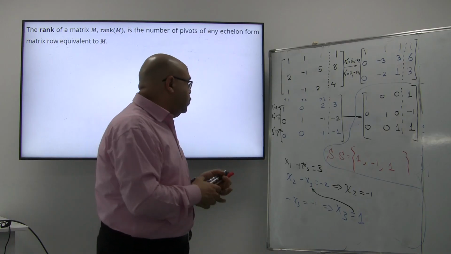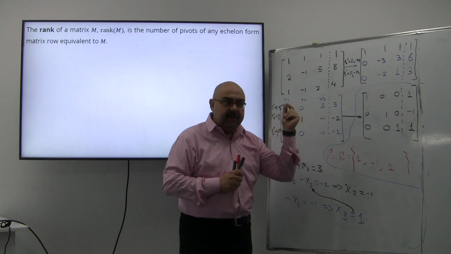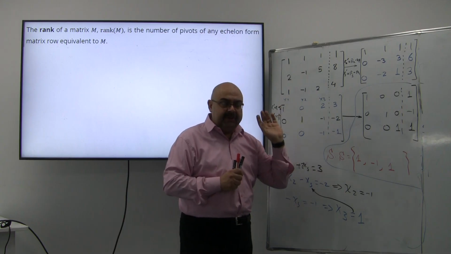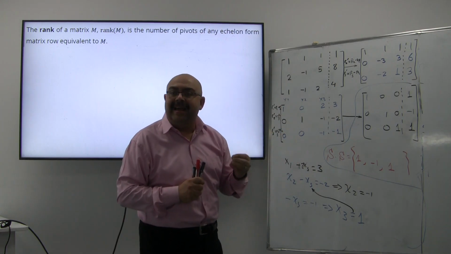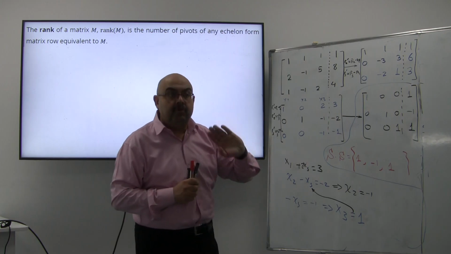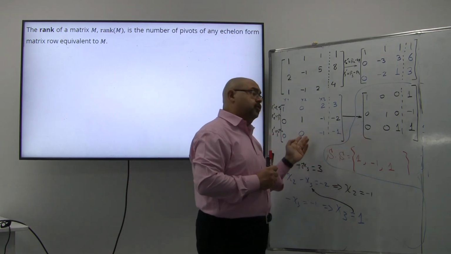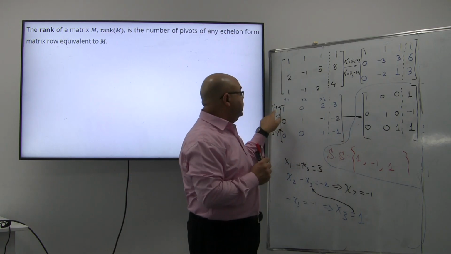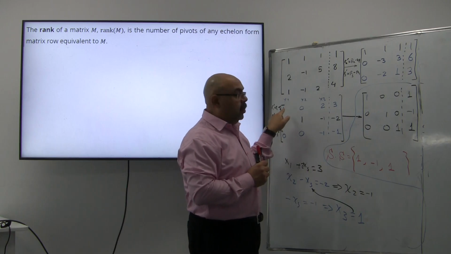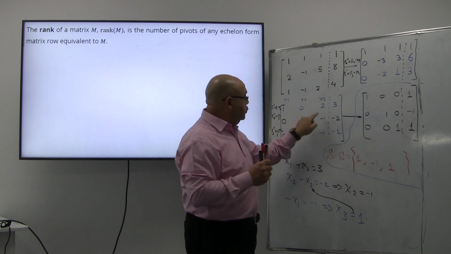What I want to stress on is the rank of a matrix. The rank of a matrix can be easily defined as the number of non-zero rows once you hit either the reduced form or the echelon form. So if I look here, the rank of the coefficient matrix is going to be 3.